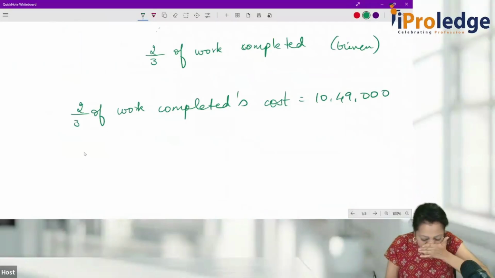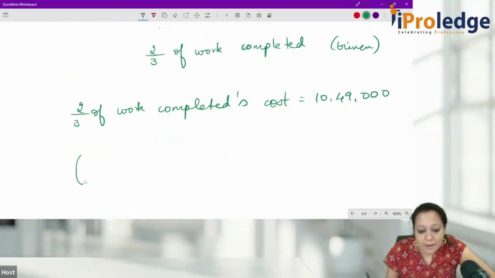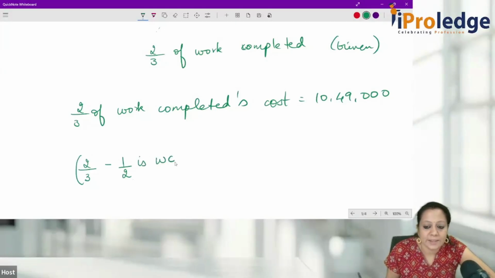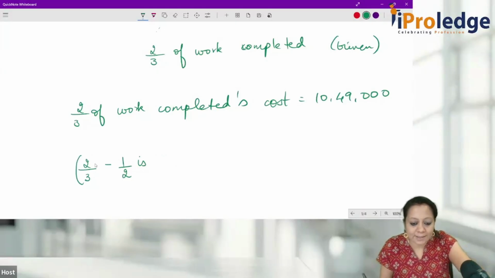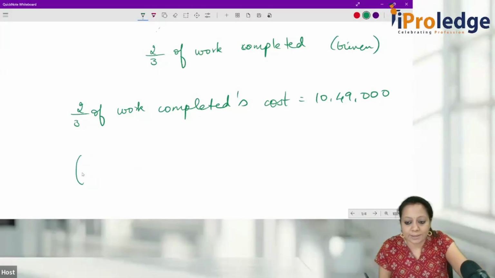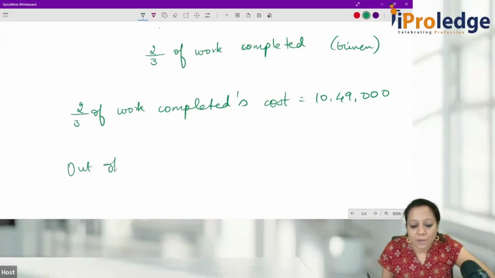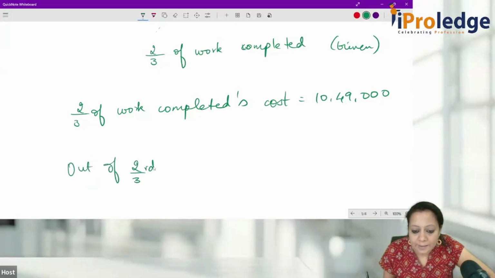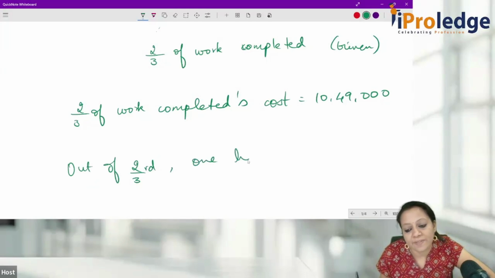Now, out of two-thirds, they have said one half is work certified. I will write it in words. Out of two-thirds, one half is work certified.